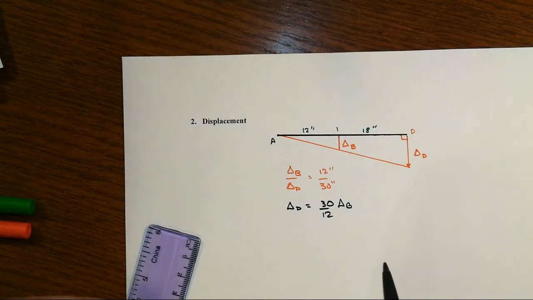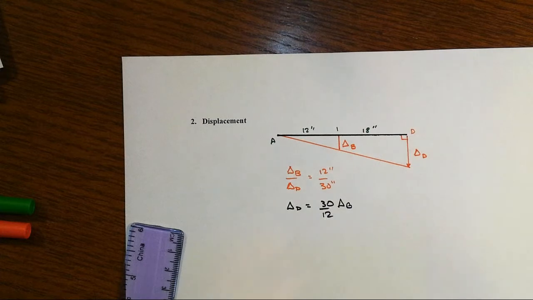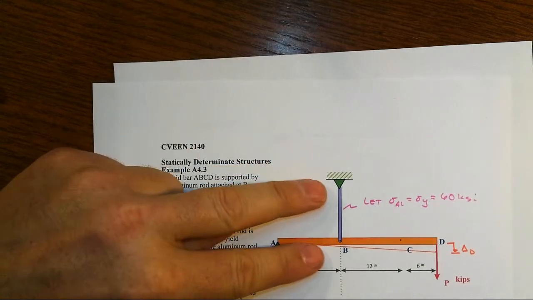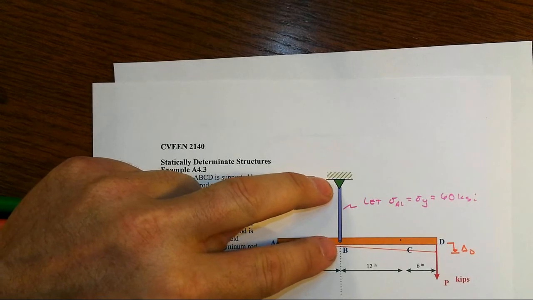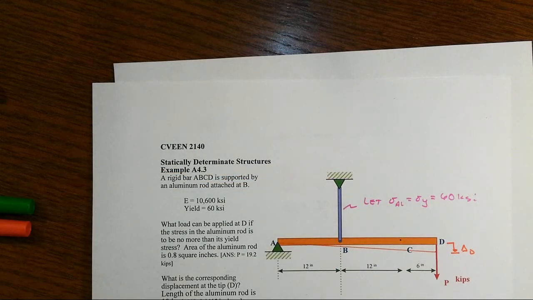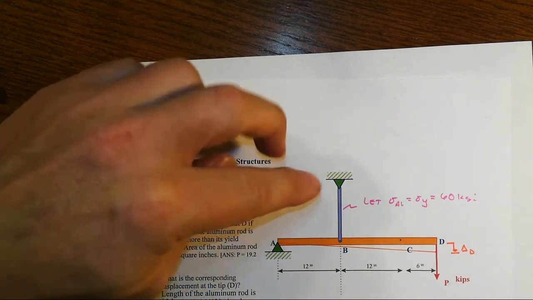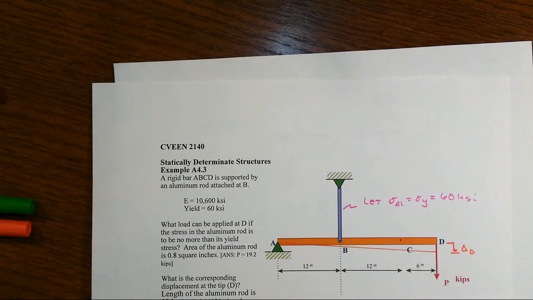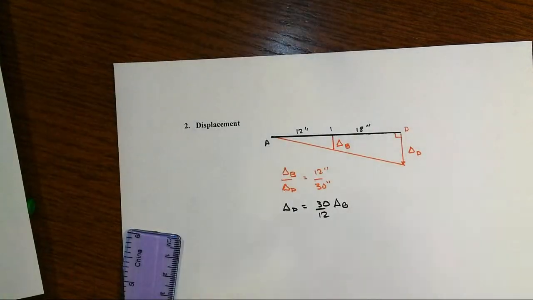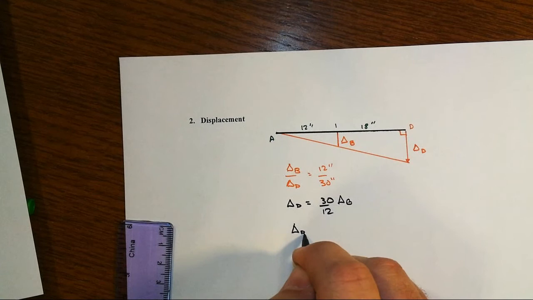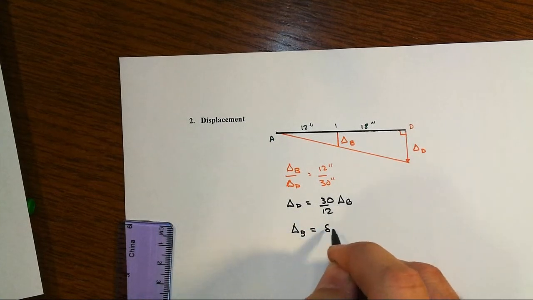Right? And so now all we have to do is find out, well, what's the displacement at B? Well, that's happening entirely because of the flexibility of our aluminum rod. So since the top end of the rod doesn't move, that means delta B is going to be equal exactly to the deformation.